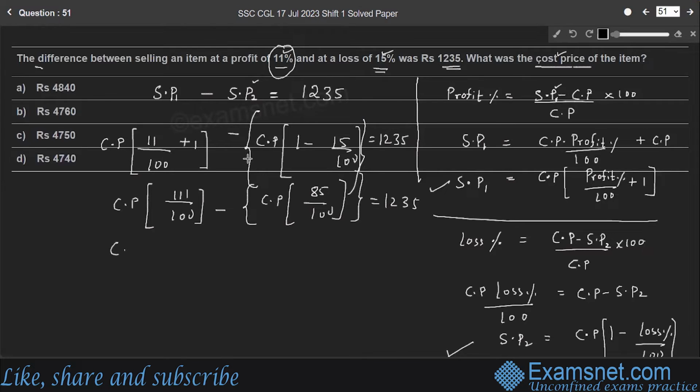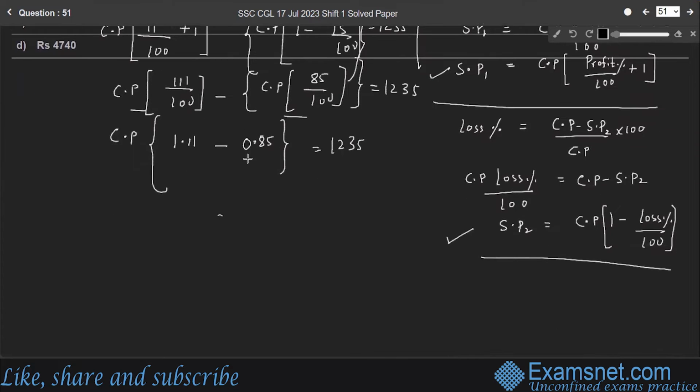We can take out cost price common here between the first and second term. So here you get cost price into 1.11 minus 0.85 is equal to 1235. Therefore, cost price into 0.26 is equal to 1235.